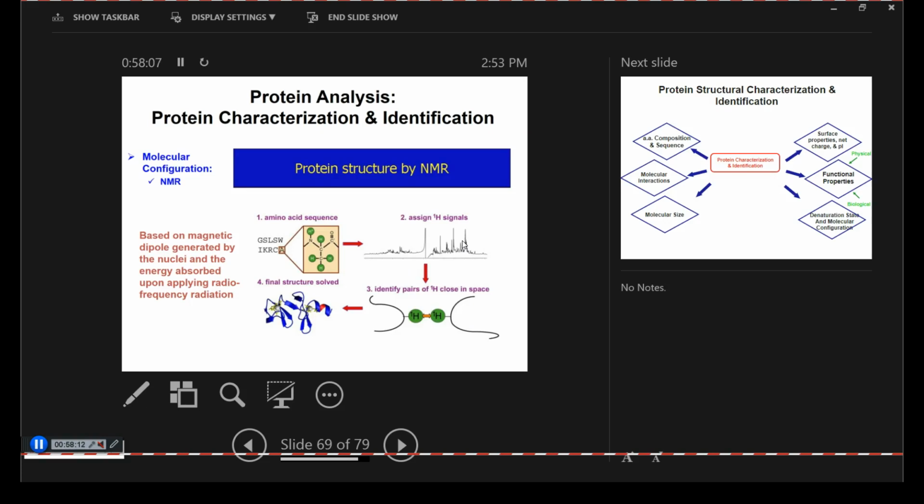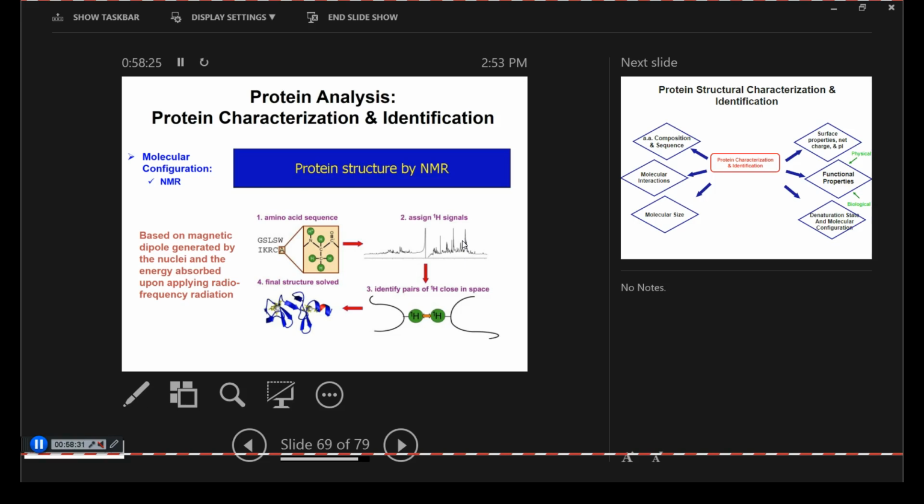So, lastly, for structural characterization, you can use NMR to determine the configuration of a protein. And this is my least favorite. I don't know much about it.